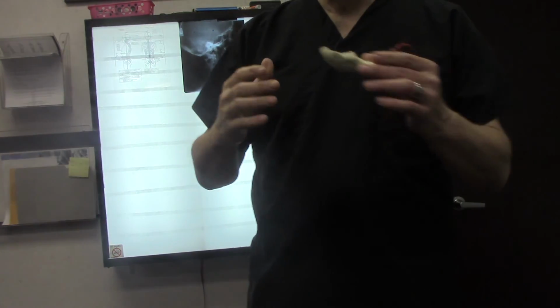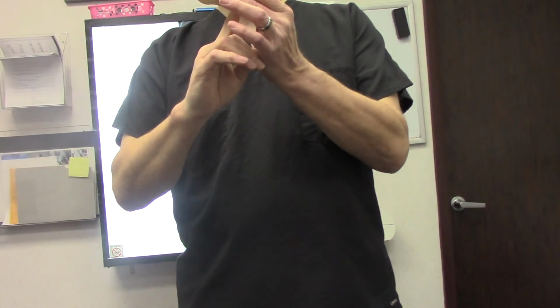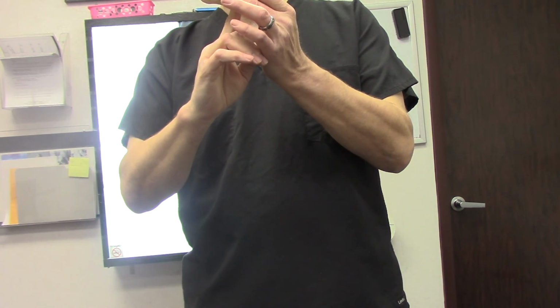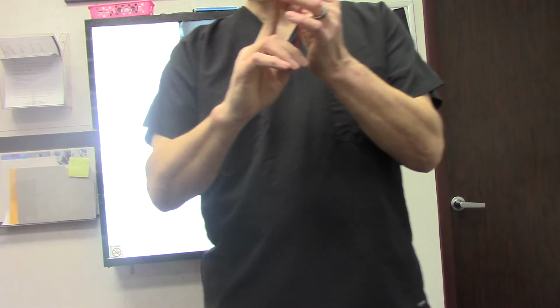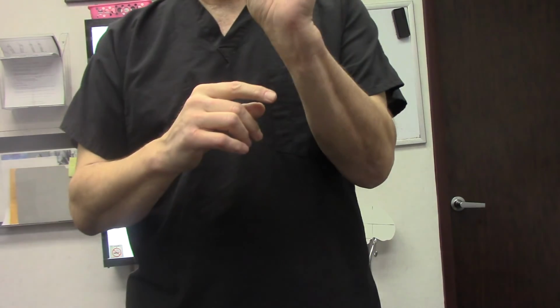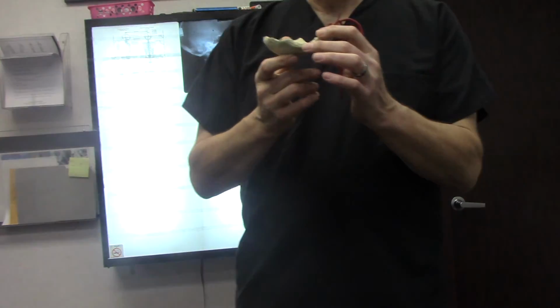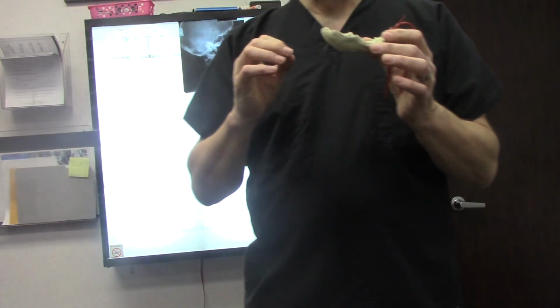That actually puts pressure against the brainstem, and the brainstem puts pressure back on it, and oftentimes it'll put pressure back onto the occipital bone itself. And so that is a common way.